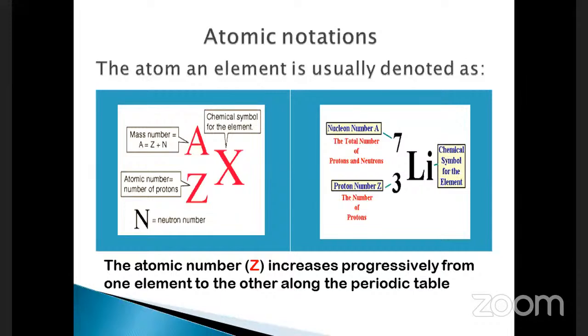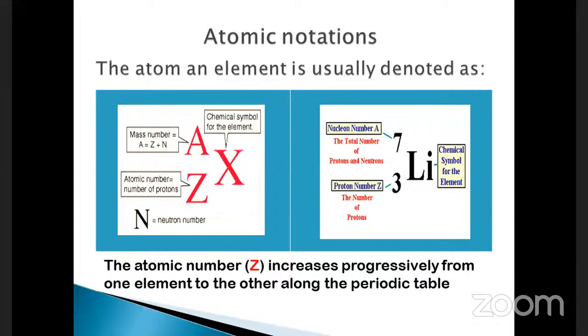Inside an element of gold, you are supposed to have atoms of gold, each with the same mass number and atomic number. But you find elements that have the same atomic number but different atomic masses. This is due to differences in the number of neutrons.